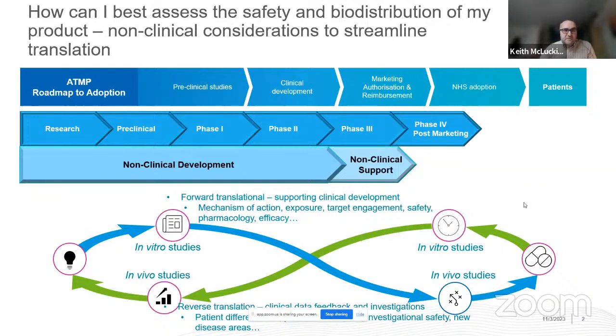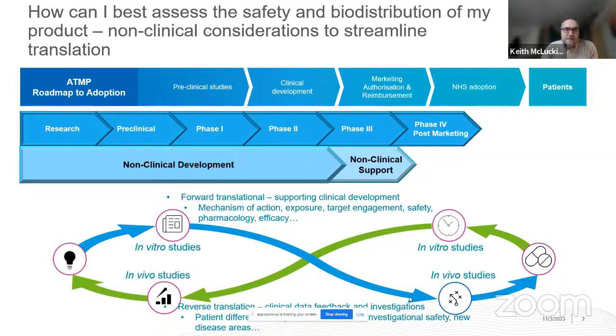If there are any toxicity issues or any mode of action issues, you can then use reverse translation, where you go back into in vitro models and in vivo models, and try to tease out the toxicology or the mode of action, or really what you're trying to do in the clinic. So reverse translation is clinical data feedback and various investigations to support the clinical phases thereon.